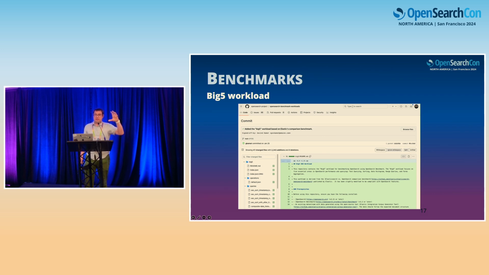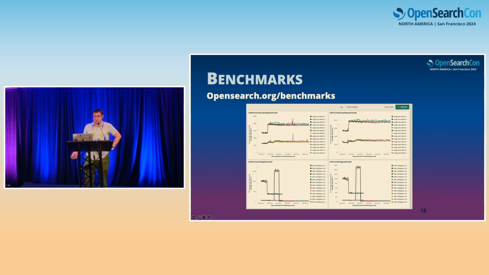As written, it didn't work perfectly for OpenSearch, so we had to tweak it, and we imported it into the OpenSearch workloads. We now have it on our nightly benchmarks. Again, after this talk, go check them out, see how we've been doing on Big 5 over time.